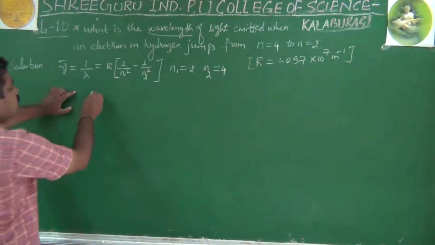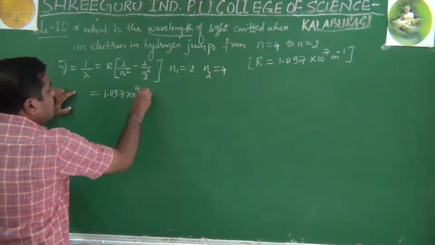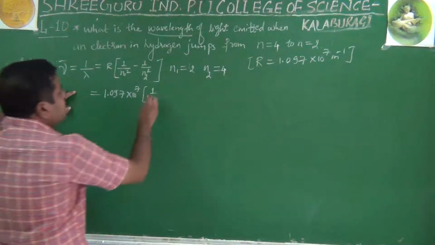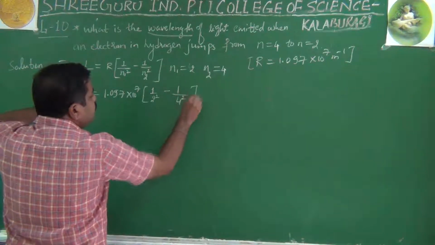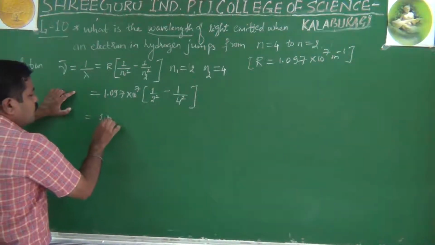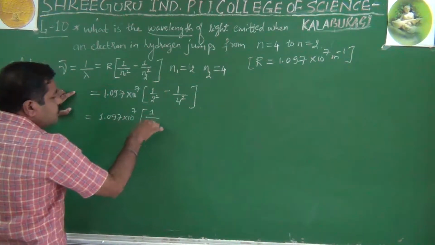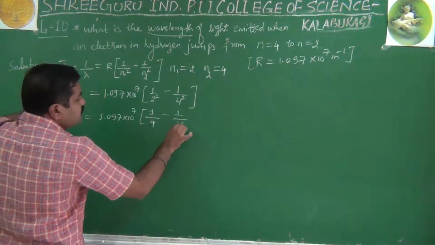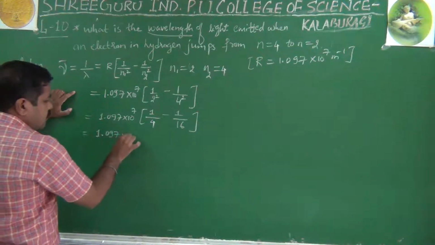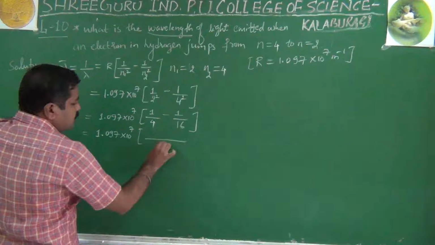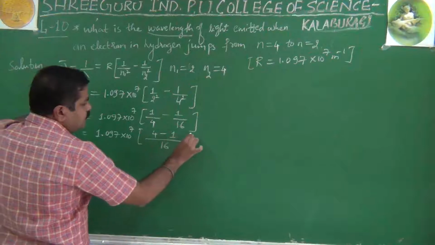Now R value is already given, 1.097 into 10 raised to 7 per meter. Now substitute the values. Say here, 1.097 into 10 raised to 7 into 1 by n1 square, that is 2 square, minus 1 by n2 square, that is 4 square. So 1.097 into 10 raised to 7 into 1 by 4, since 2 square is 4, minus 1 by 16, since 4 square is 16. Take the LCM as usual once again: 1.097 into 10 raised to 7, the LCM will be 16, this will be 4 minus 1.